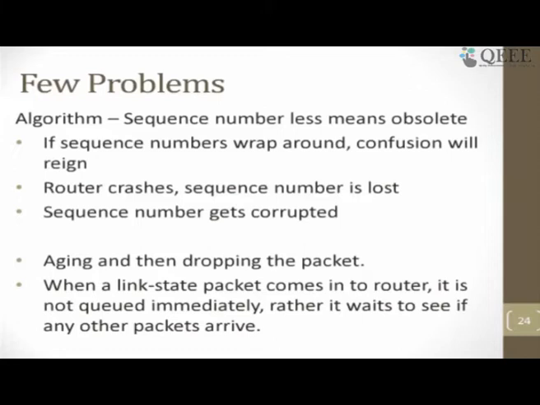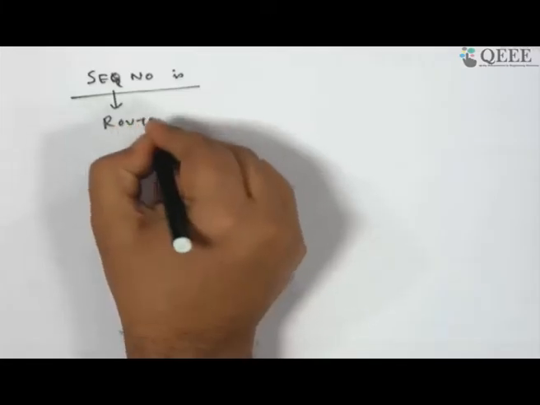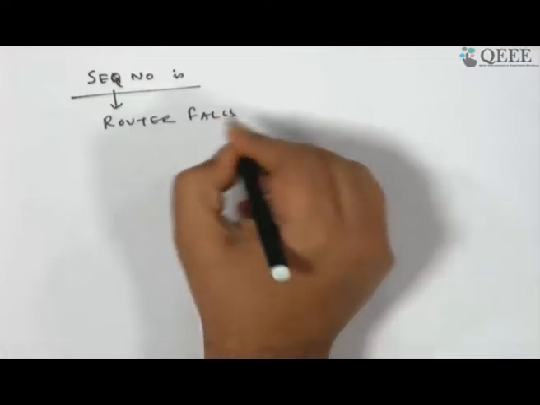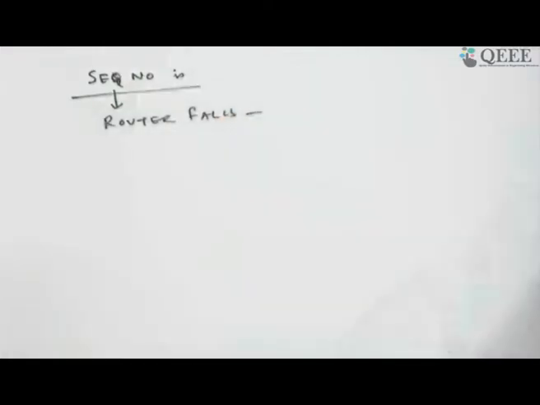There have been some questions. One is again the sequence number question. How is it corrected? If a router fails, it completely forgets the previous sequence numbers.